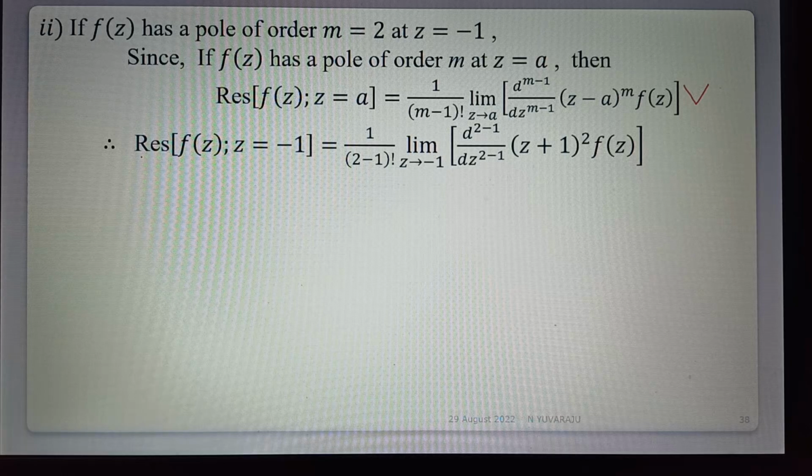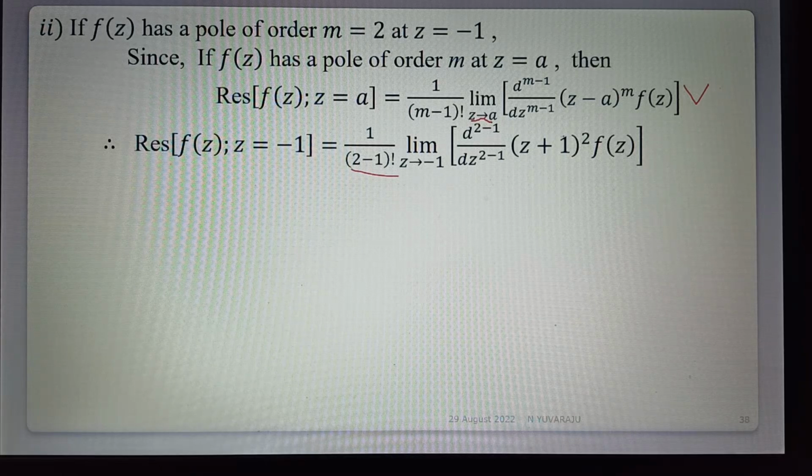Therefore residue of f of z at z is equal to minus 1 is equal to 1 by m minus 1 factorial, with m is equal to 2, that is 1 by 2 minus 1 factorial into limit z tends to a, where a is equal to minus 1. Here we need the m minus 1 derivative, that is 2 minus 1, one time differentiation, d power 2 minus 1 by dz power 2 minus 1 of z minus a, that is z plus 1, to the power m into f of z.